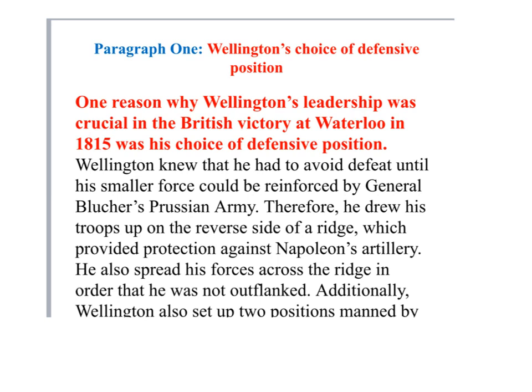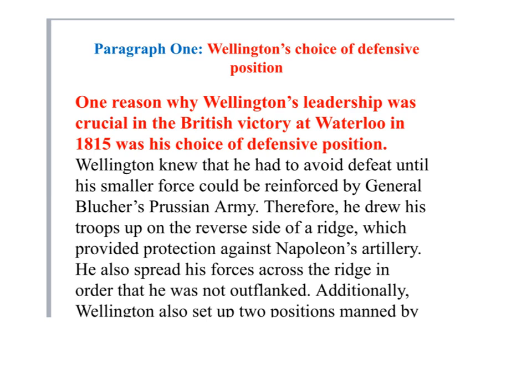We've talked about the idea that the plan that Wellington had to enact was simply to avoid defeat until the Prussians arrived. We've talked about his use of positioning his soldiers on the reverse side of the ridge and why. We've also talked about him spreading his forces across that ridge so that he was not outflanked.